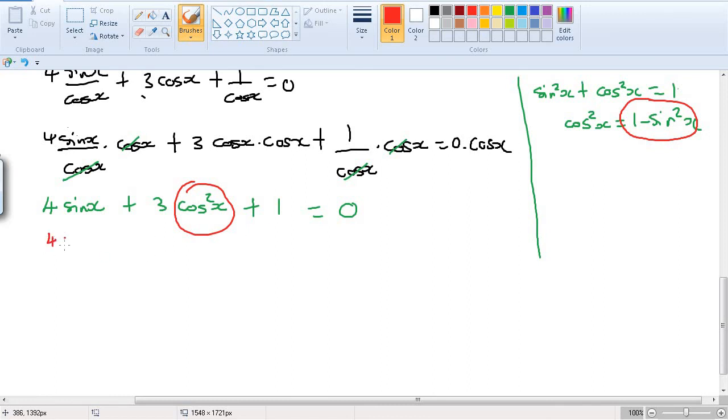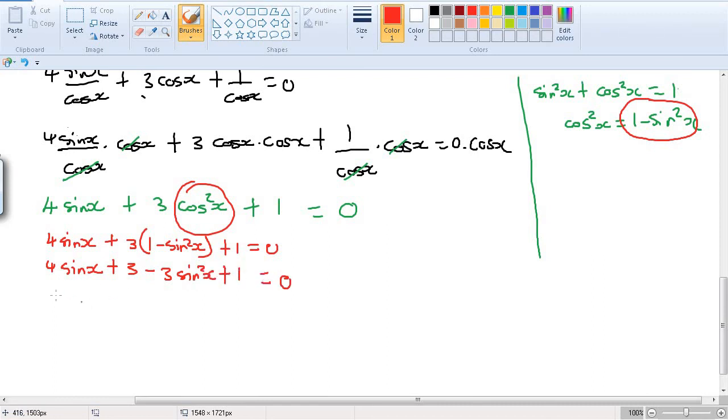So 4 sin x plus 3 open bracket, instead of writing cos squared x we are writing 1 minus sin squared x, close bracket, plus 1, which is equal to 0, and then we multiply throughout. So 4 sin x plus 3 minus 3 sin squared x plus 1 is equal to 0.